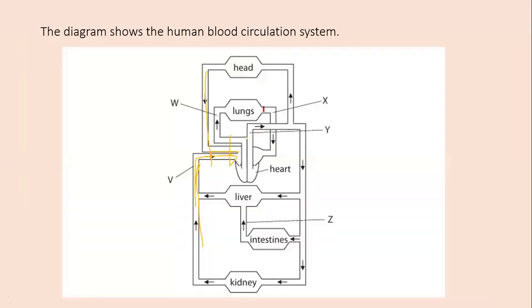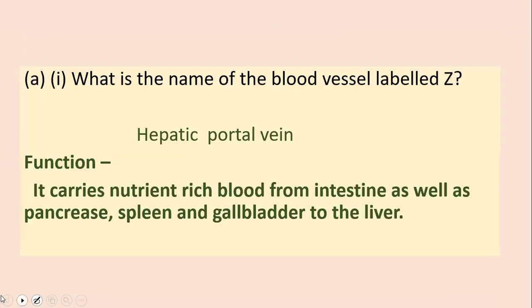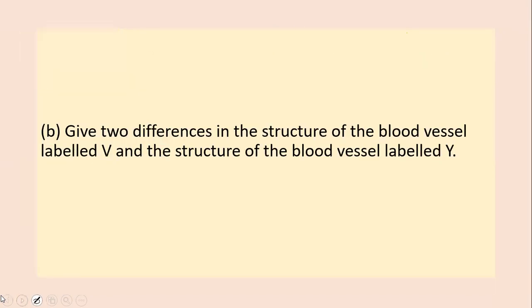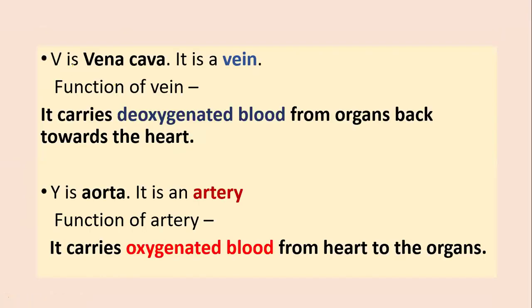It is the aorta because it is coming from the left ventricle. So vena cava and aorta. V is the vena cava, so it is a vein. As you know, usually a vein carries deoxygenated blood from organs back toward the heart. And the aorta is an artery, so it always carries oxygenated blood from the heart to the organs.